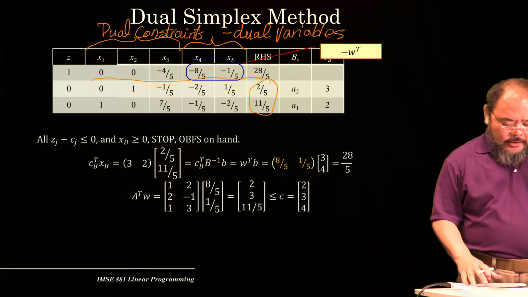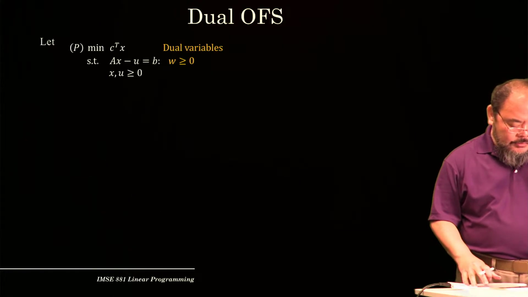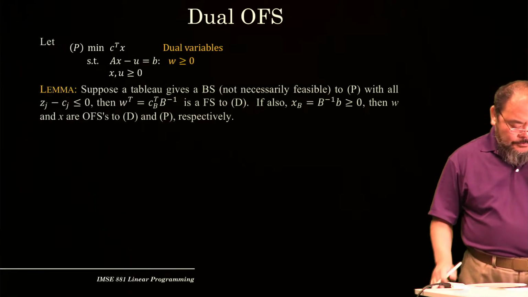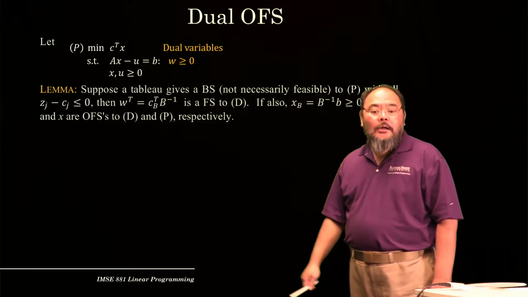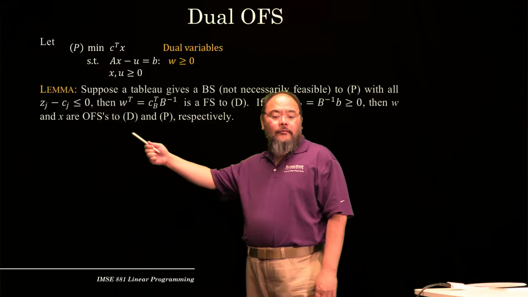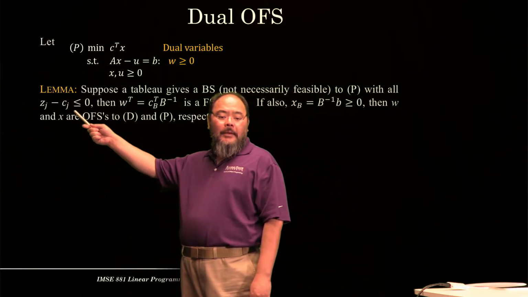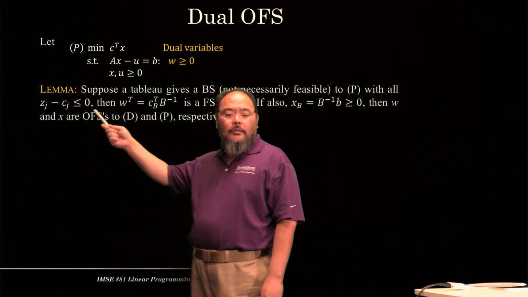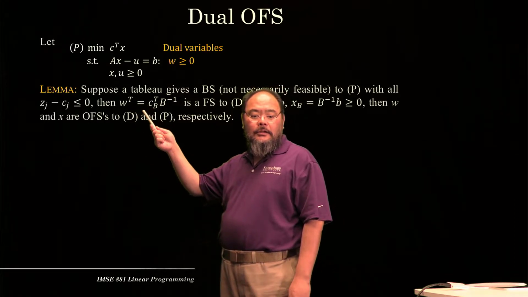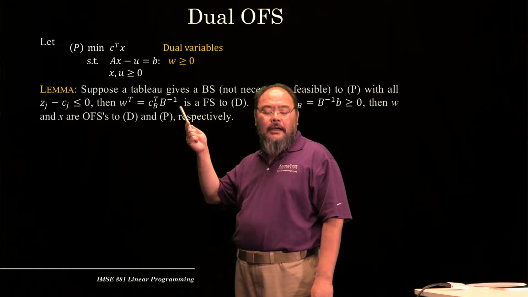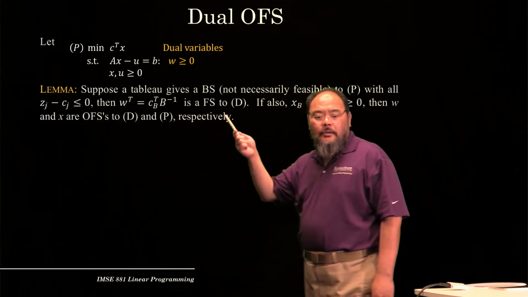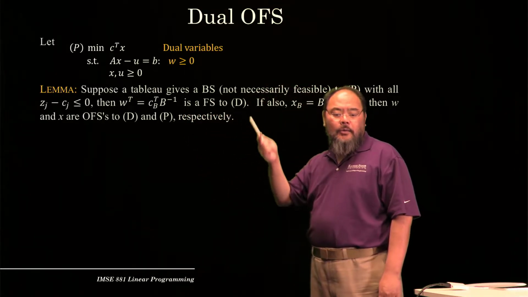So this is what I have. Let's look at this part. We know that zj minus cj is less than or equal to 0, and omega equals cb transpose times b inverse, which is also non-negative. So it is a feasible solution for the dual problem.